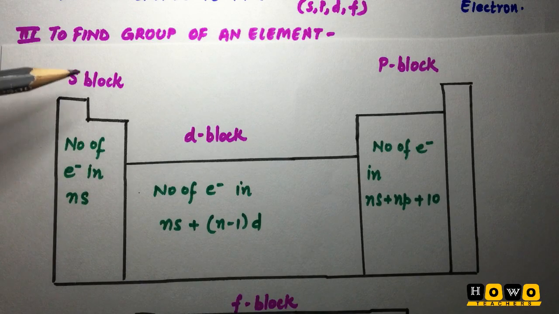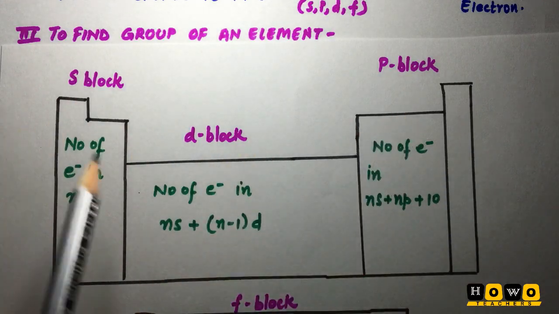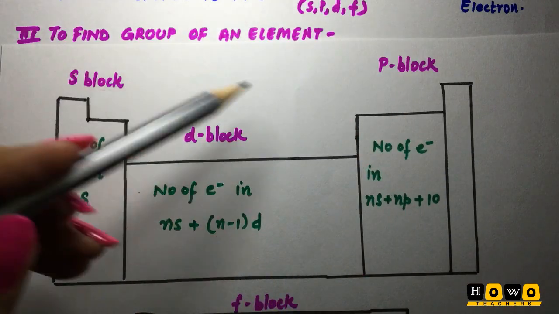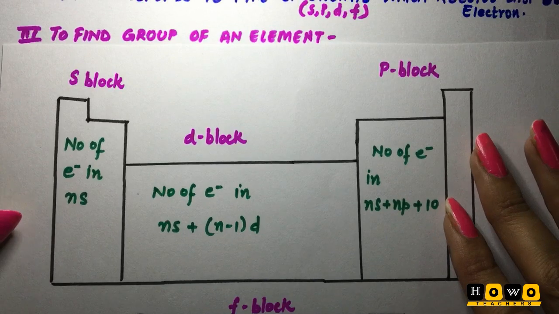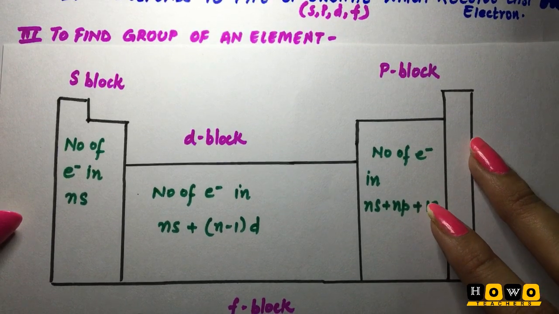For finding the group, firstly you should know which block it belongs to, s, p, d or f. You can easily find the block by writing the electronic configuration.